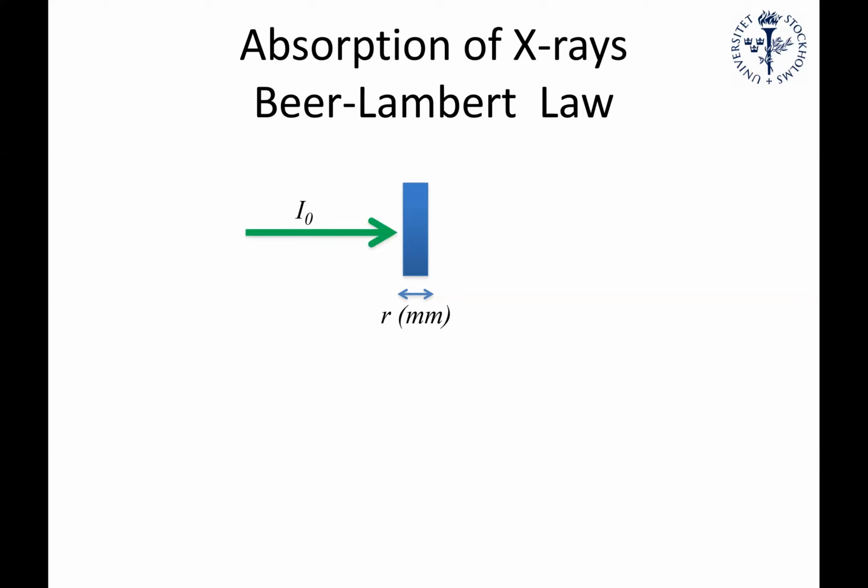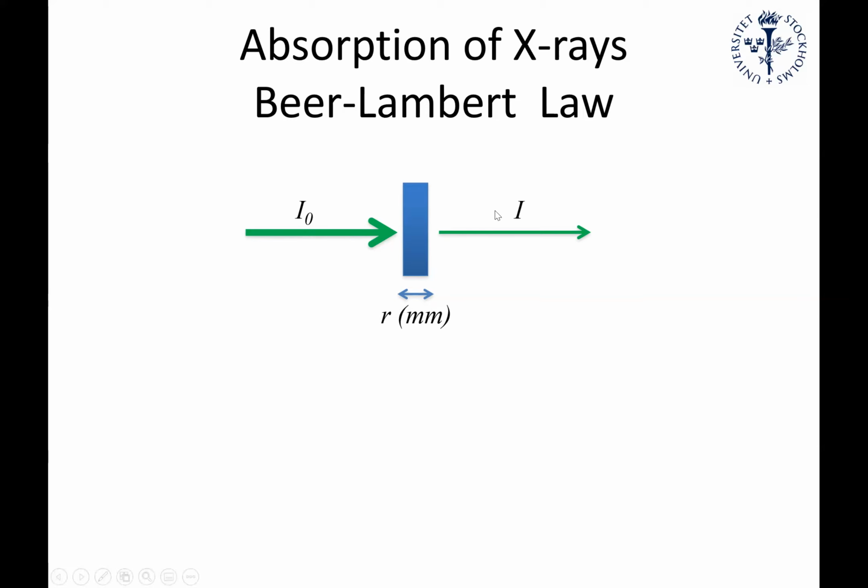So say you have X-rays coming in with a fixed intensity. Your incident beam has a known intensity, let's say. But like I said, the crystal is going to absorb some of that X-ray, and not all of it will be transmitted through the crystal.